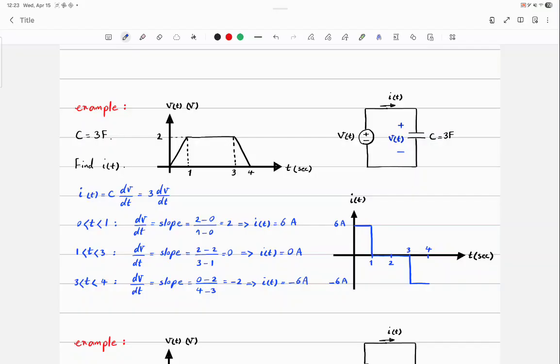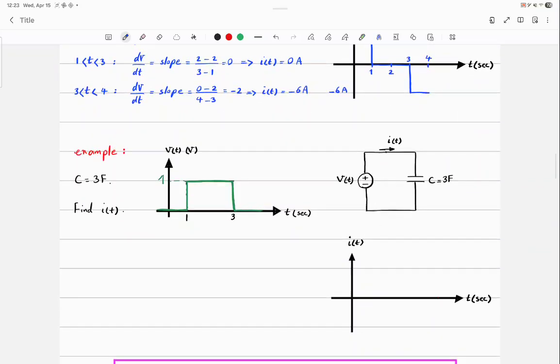Fair. Yeah. Both voltage and current actually can. They are allowed to change abruptly. There's no problem with that. Okay? So let's see what happens if the voltage across a capacitor changes abruptly. So let's find current.